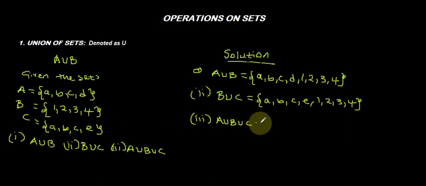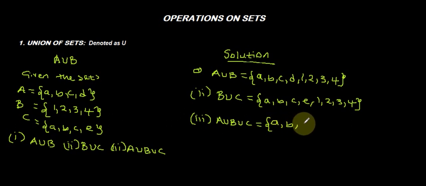The union of the 3. Now, if you check set A and set C, there is something in common. Set A has A, B, C, set C also has A, B, C. The fact that these two have the same elements in common does not mean we are repeating them. We are not going to say A, B, C, C. No, we just have to pick one of them.